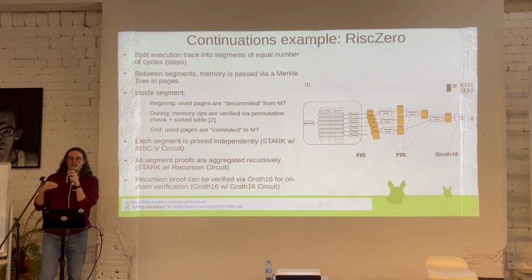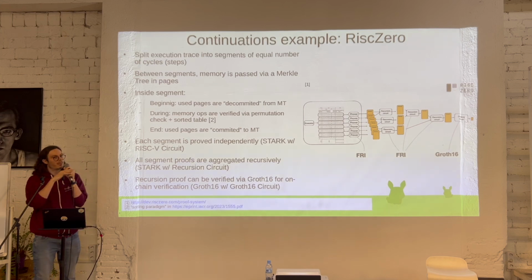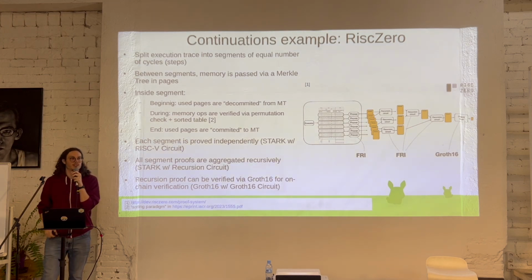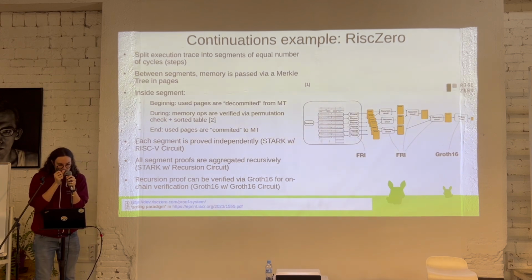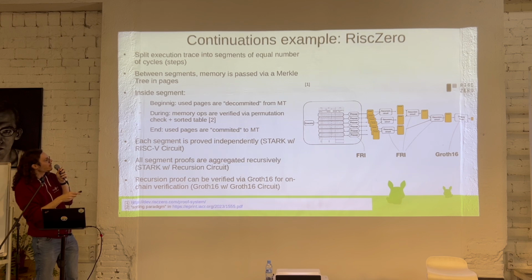And then finally, at the end of the segment, all the different pages that were written will be committed back to the Merkle tree. So now we can pass this root to the next segment. The way that all this is composed is that each segment is proved with a STARK. So this will be all the segments proved.